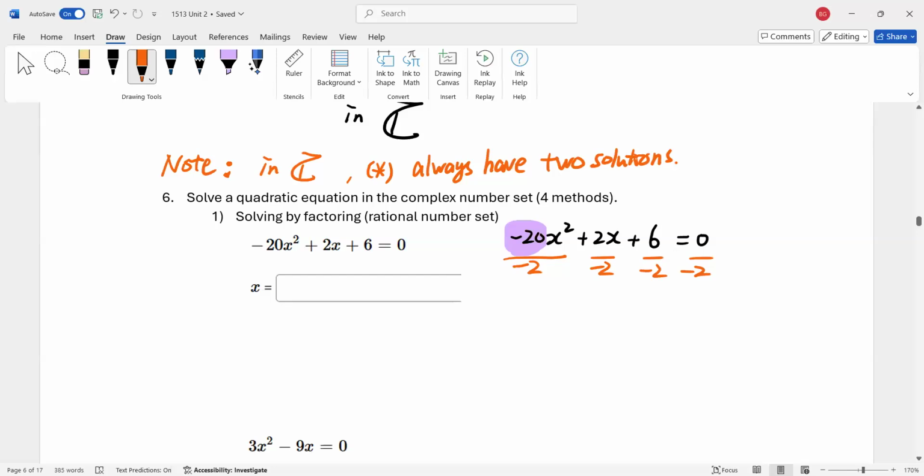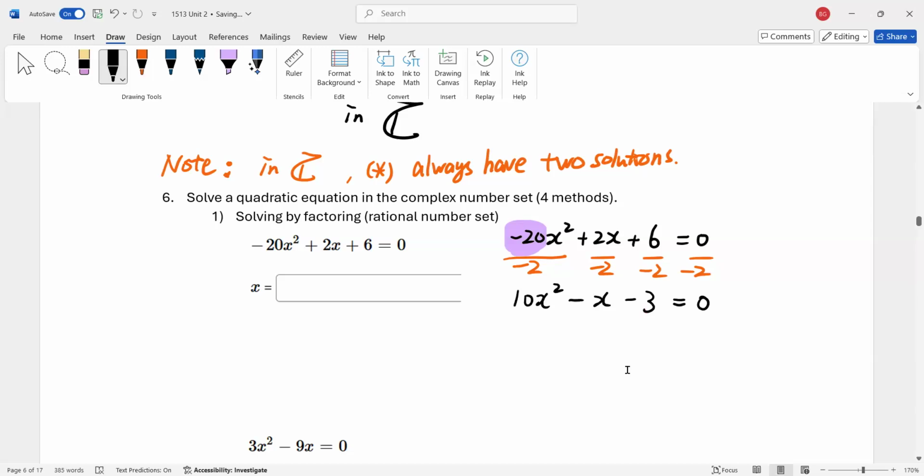Let's do that. -20 divided by -2 is positive 10, 10x squared. Positive 2 divided by -2, negative x. And this one, -3, and equals 0 divided by -2 is 0, right? This is the same equation as the original, but it looks a lot simpler.